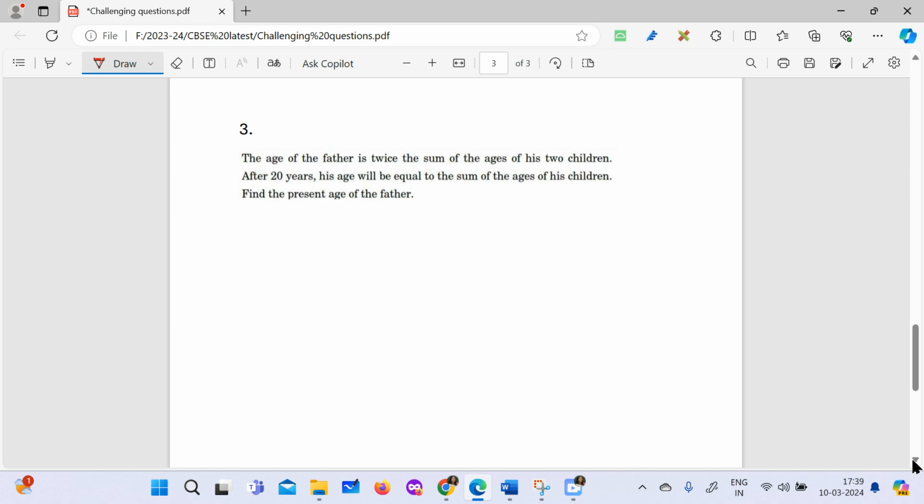So what we can do here, let's assume father's age be x. So what does this question say? Father's age is twice the sum of the ages of his two children.